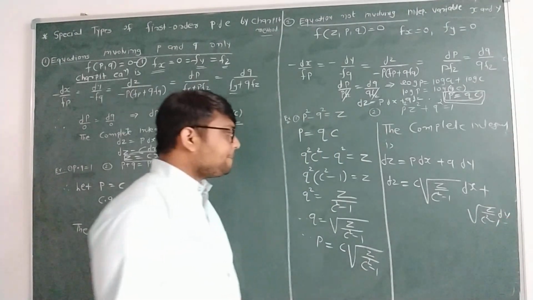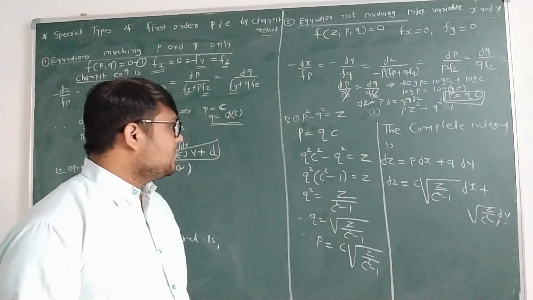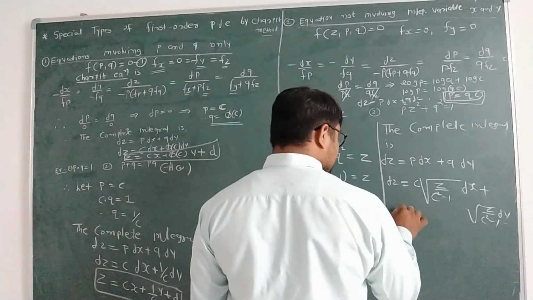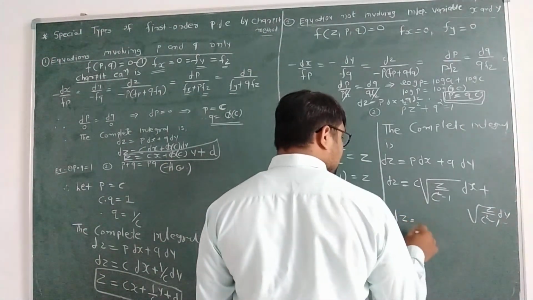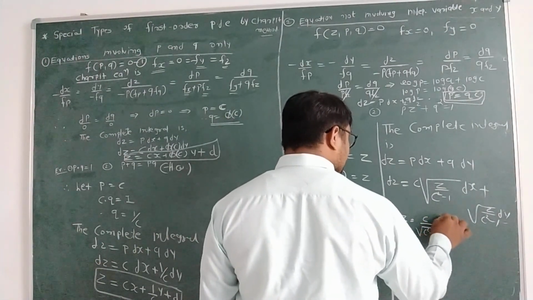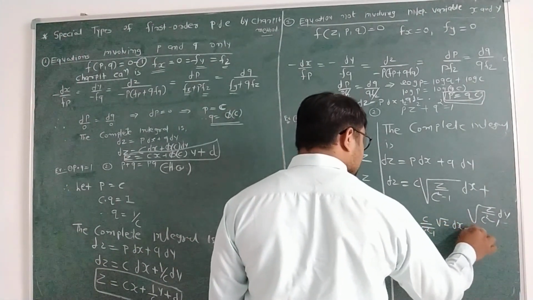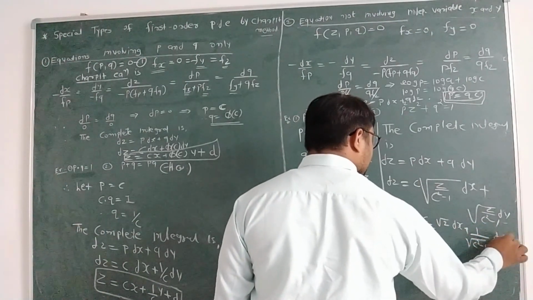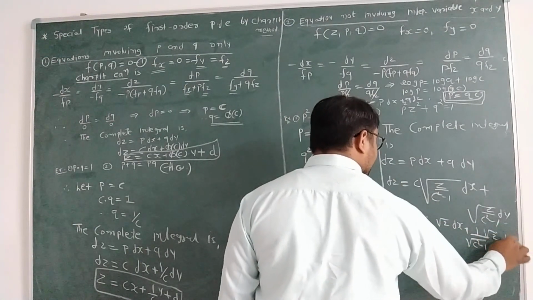So by integrating this term, we will get our solution. So this term can be written as dz equals c over under root c square minus 1 under root z dx plus 1 over under root c square minus 1 into root z dy.